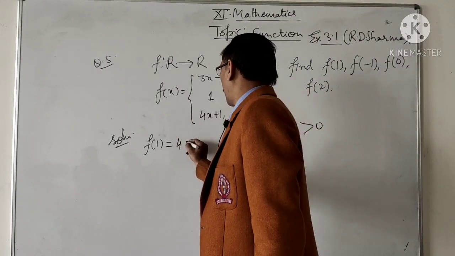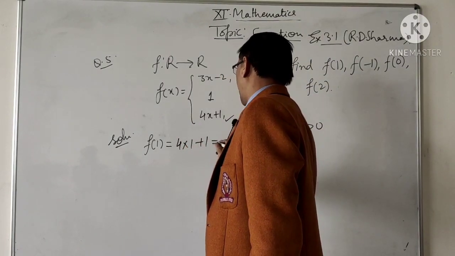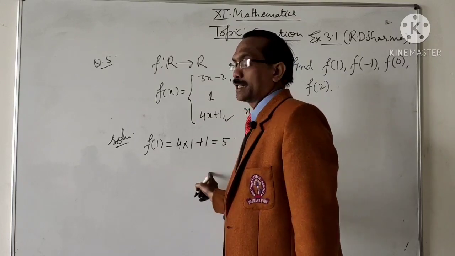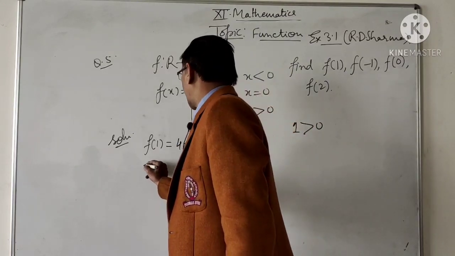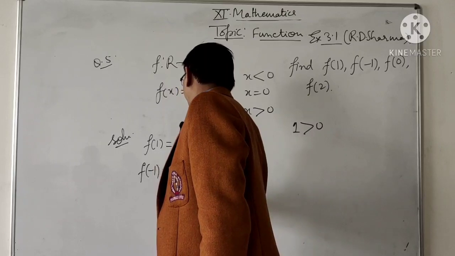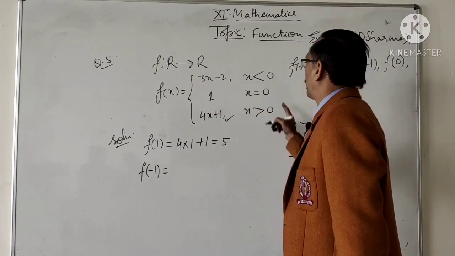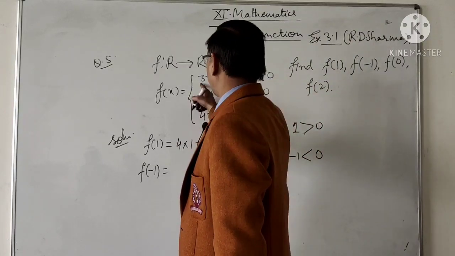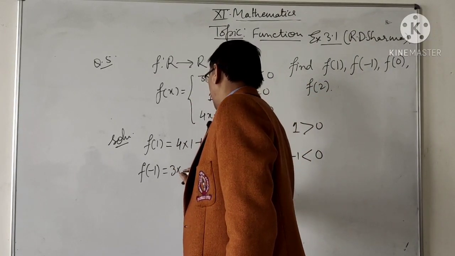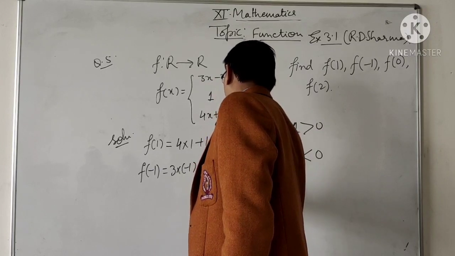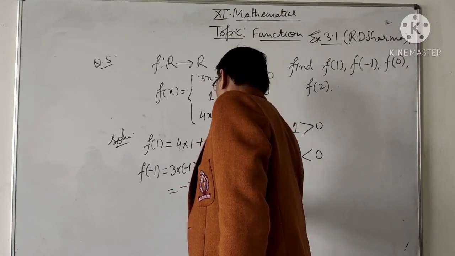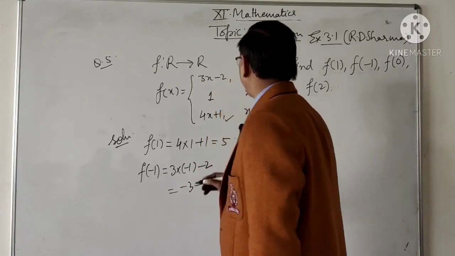So it is 4 into 1 + 1 and it is 5. f(1) is 5. f(-1): -1 is less than 0. So it belongs to here, 3x - 2. So it is 3 into -1 - 2. It is -3 - 2 is -5.